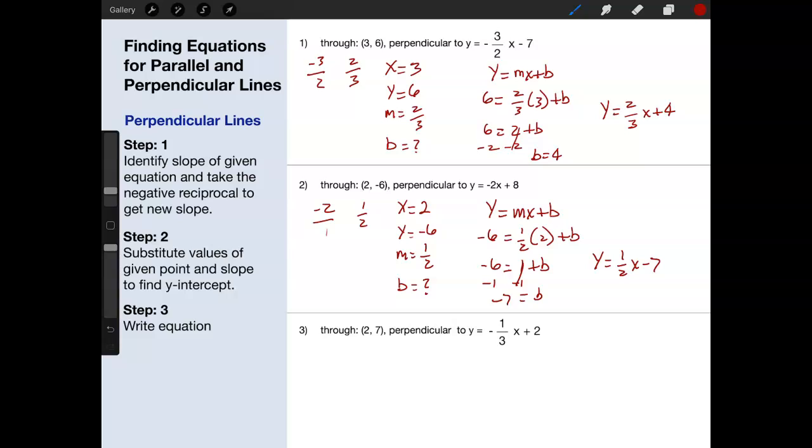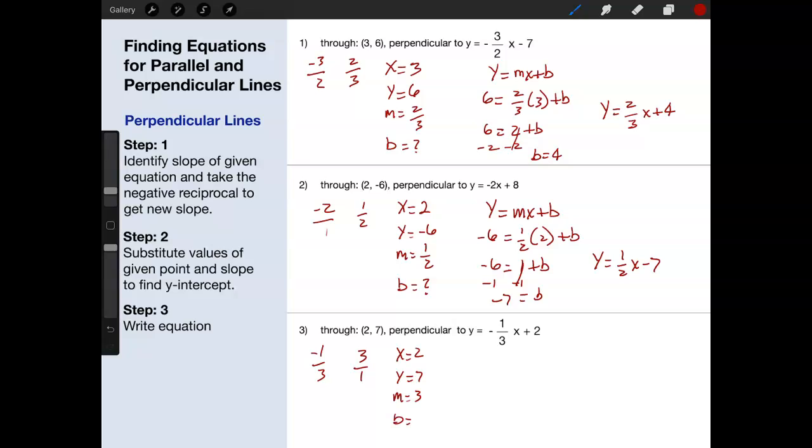And example number 3, write a line perpendicular to y equals negative 1 over 3x plus 2, passing through point (2, 7). Our existing slope is negative 1 over 3. The negative reciprocal is 3 over 1, or just 3. So we list our given information. X equals 2, y equals 7. Our new slope is 3.